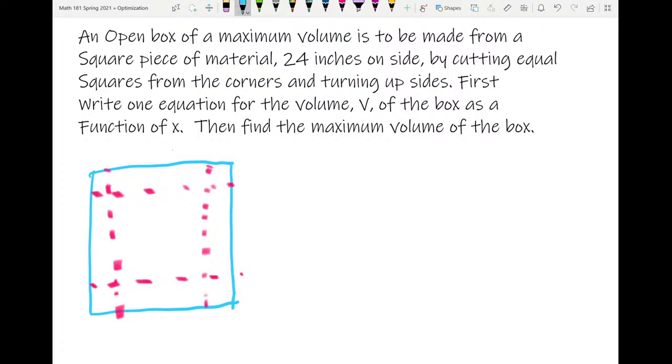We know each side is 24 inches, but if we take out this unknown corner, let's call it x and x. Therefore, each of these sides is going to be 24 minus 2x.